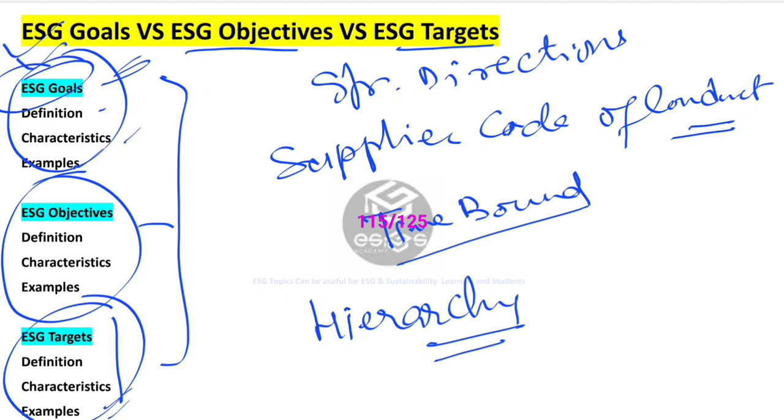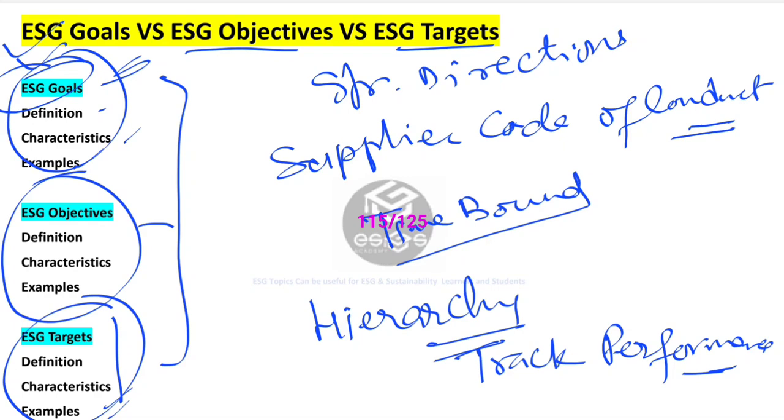Then measurement and accountability. Targets provide clear metrics for measuring success and accountability, enabling organizations to track performance and make informed decisions to drive continuous improvement in ESG performance.